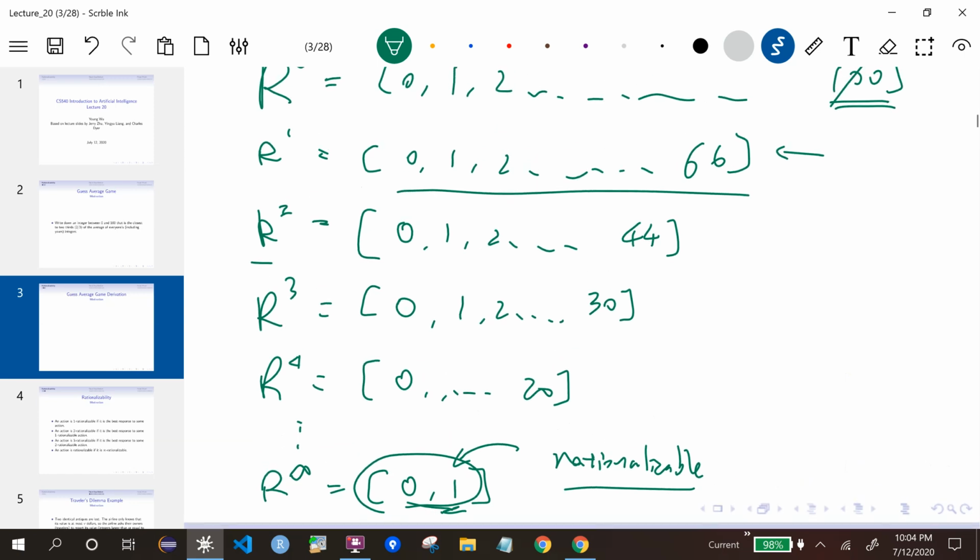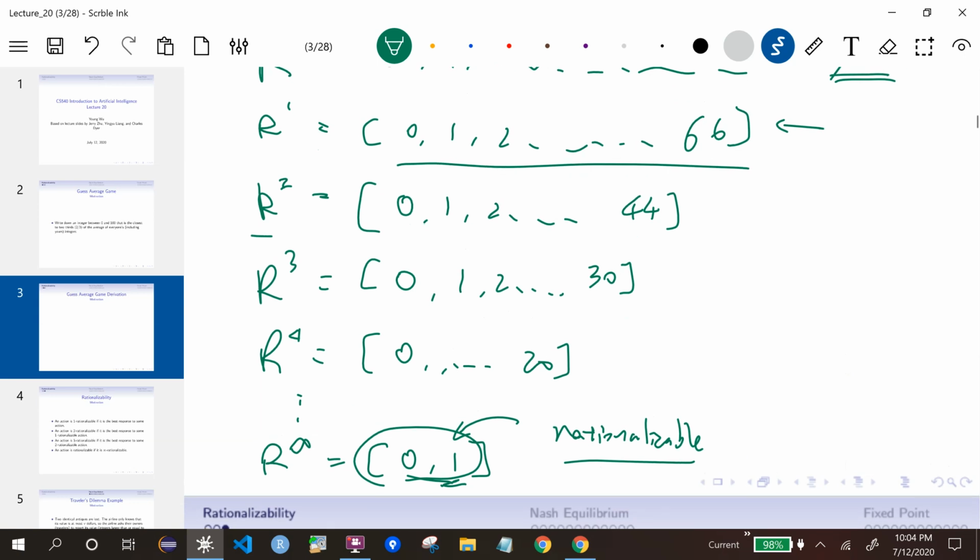But for most of the games, the set of rationalizable actions is just the set of all possible actions. So basically, we didn't do anything. That's why we need some kind of refinement to this solution concept. We need a better solution that's actually just a single prediction of what will happen, and that will be our Nash equilibrium.